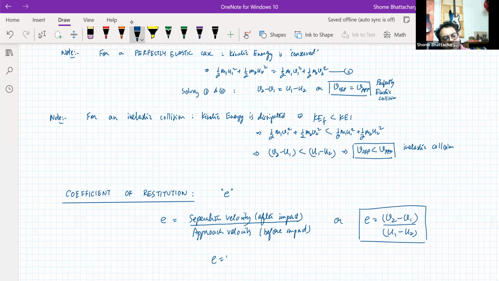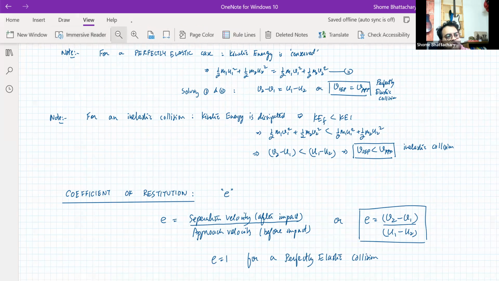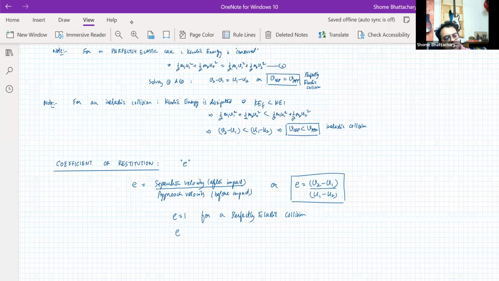So E is equal to 1 for a perfectly elastic collision. And E is greater than 0 but less than 1 for what we call an inelastic collision.